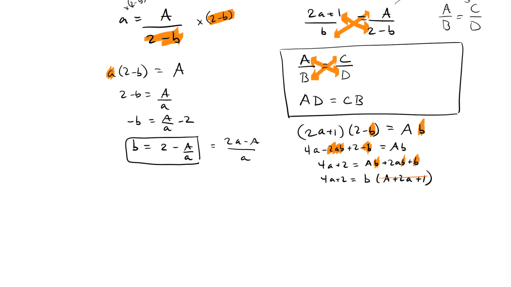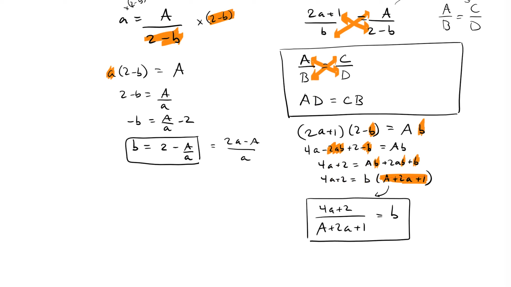And what's inside my factor doesn't contain b anymore. So I'm going to divide by it, so I'm going to send it down by dividing by it. And finally, I've got my answer.